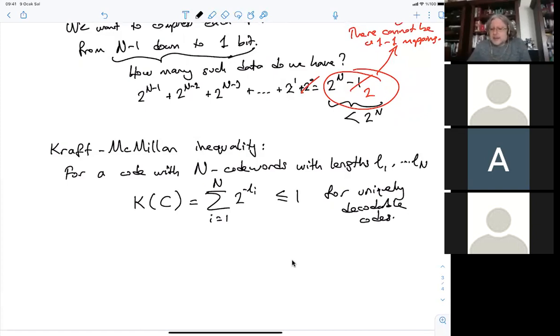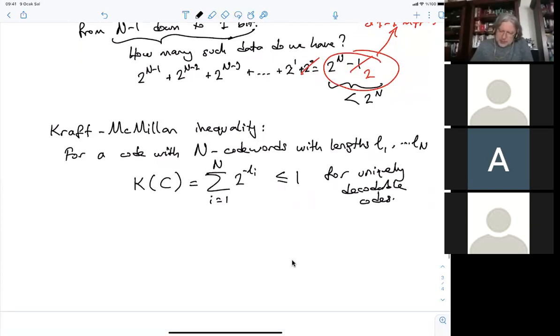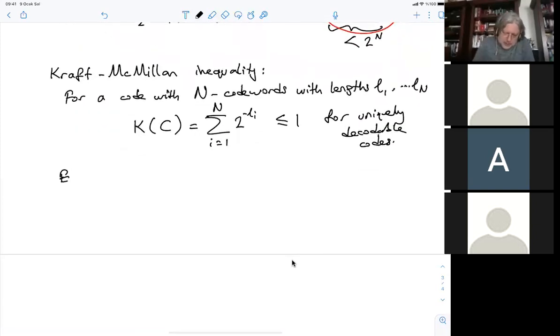This is the Kraft inequality, and the equality holds for efficient binary trees. I would say trees, but it's binary trees.